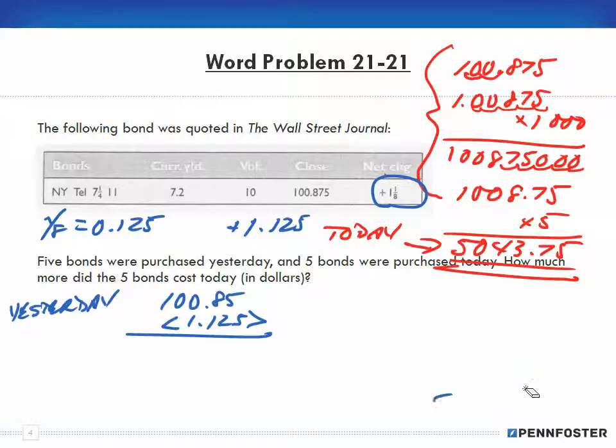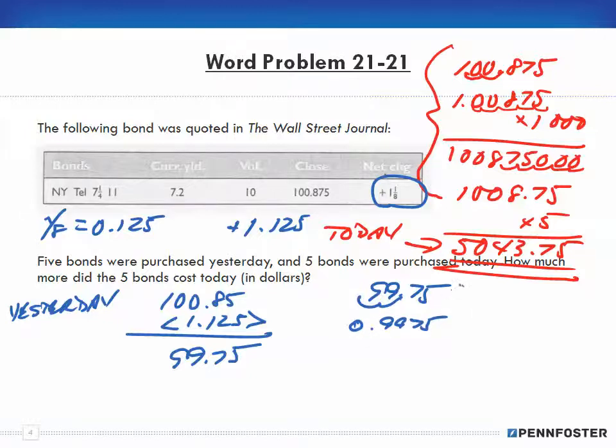So I'm going to subtract the 1.125. That means the price yesterday was 99.75. Okay, and again, if I do all of this math over here, 99.75, move the decimal place over, 0.9975, because remember that's a percentage, and I multiply it by 1,000.